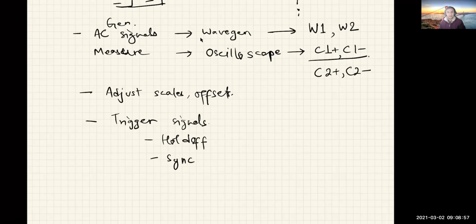Or the other use is to visualize some transient property of the signal that may get missed without proper triggering. Right? And hold off is a setting in the oscilloscope which tells it to hold off, or to wait, a certain period of time between trigger events.